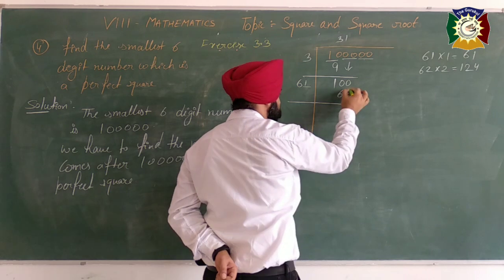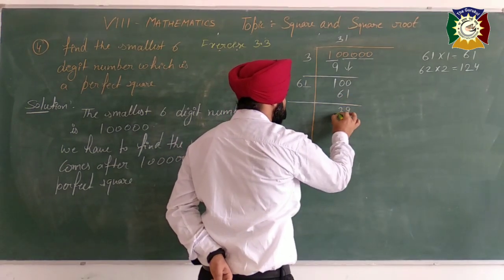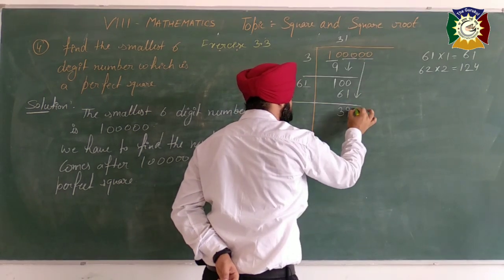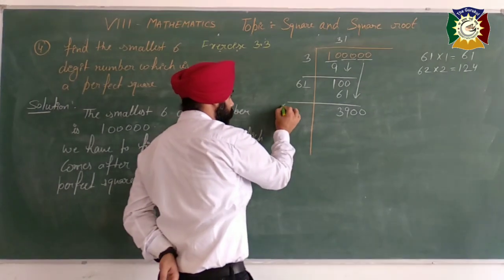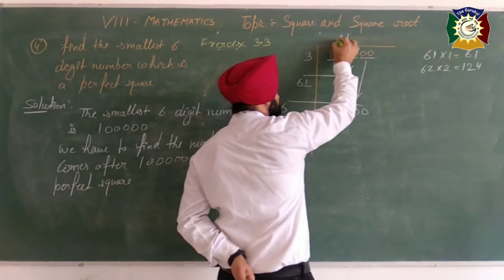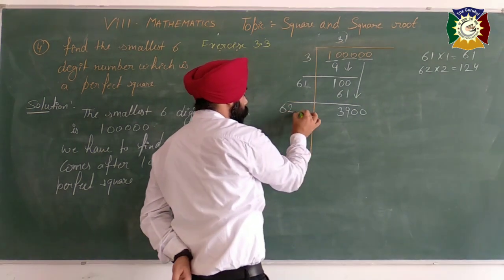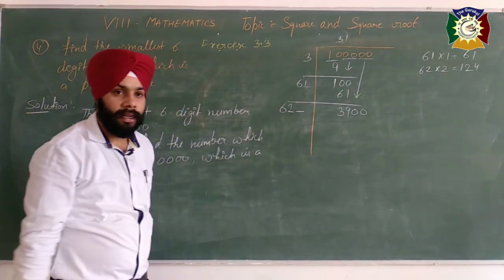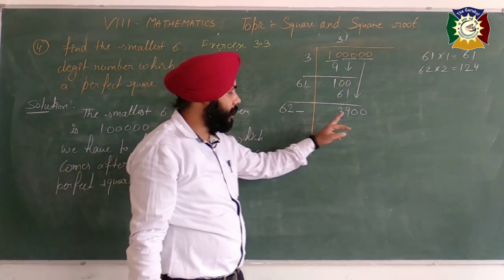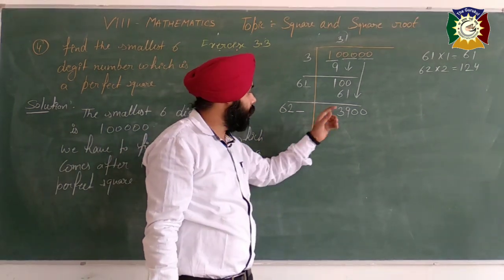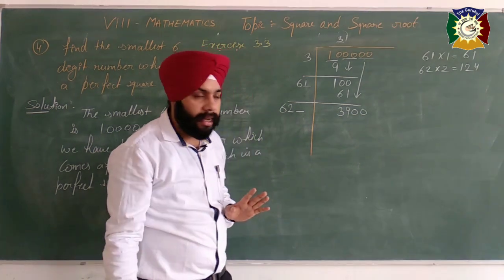Now 10 minus 1 is 9, 9 minus 6 is 3. Again carry down this square, and 61 multiplied with 1, double it, that is, add double of this number, or otherwise 61 plus 1 is 62, leaves 1 0 here. Again we choose one unit place number in such a manner that multiplied with this number we get equivalent to 3900 or less than 3900.